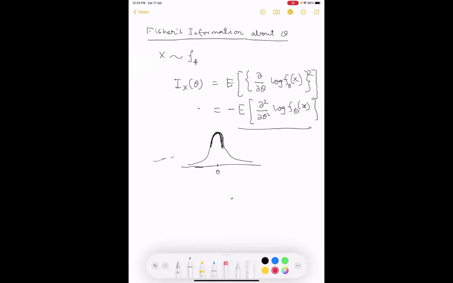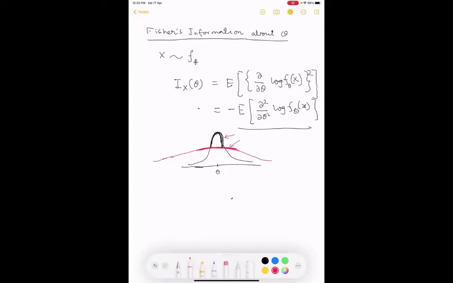if I have another one about theta, here we are seeing that the curvature is much flatter. So I would expect that in this one I have more information, whereas here I have comparatively less information about theta.